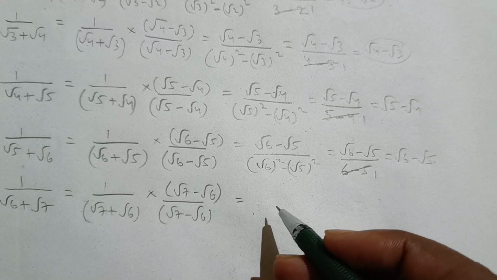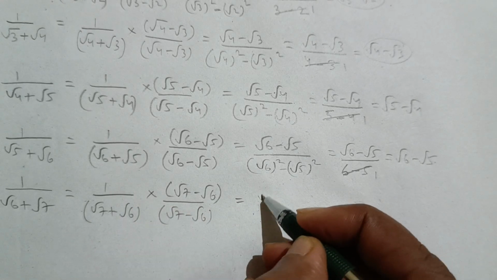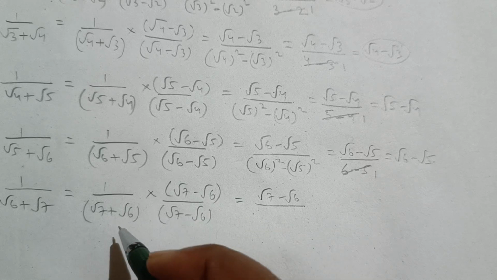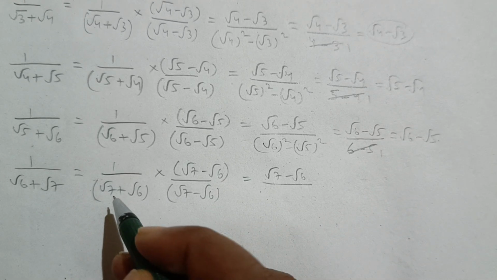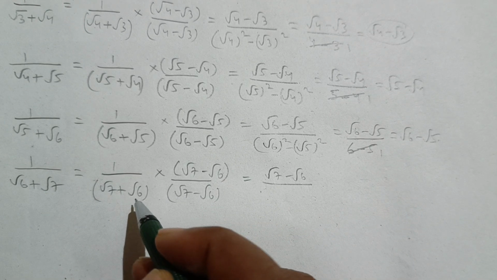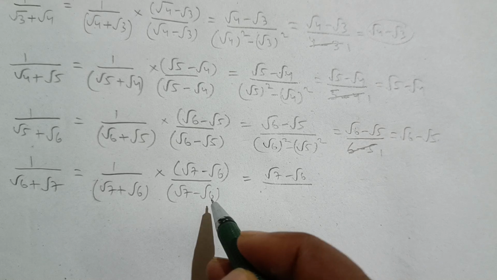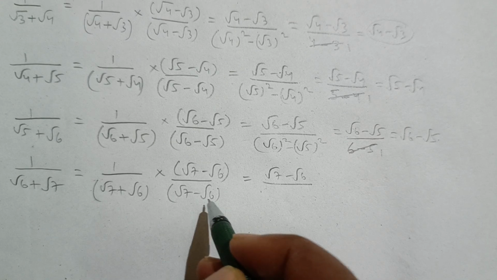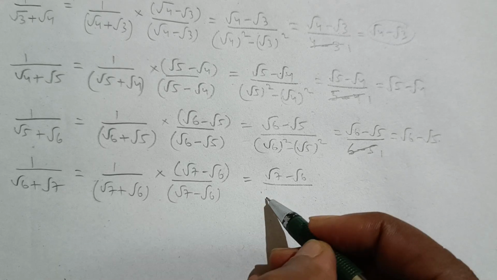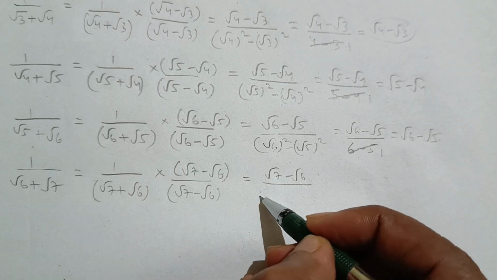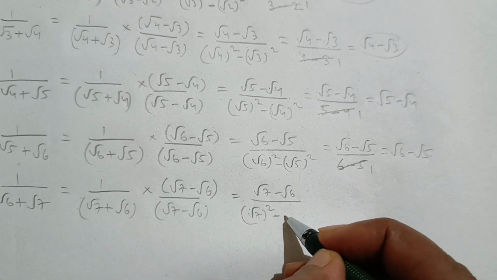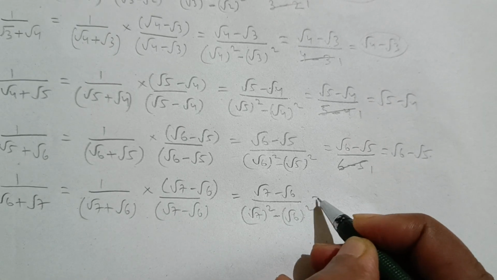And now let us do this multiplication. The numerator will be square root of 7 minus square root of 6. And the denominator will be square root of 7 plus square root of 6 multiplied to square root of 7 minus square root of 6. It is in the form of a plus b multiplied to a minus b, which is a square minus b square. So square root of 7 whole square minus square root of 6 whole square.